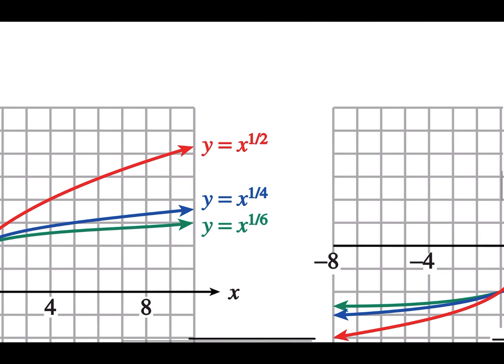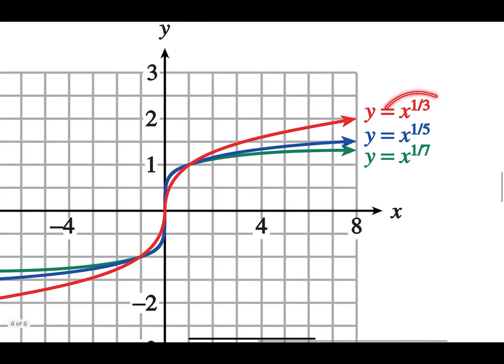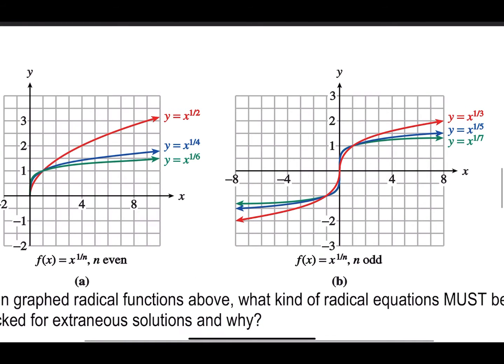Now remember, the 1/2 power is really the square root, and we just don't write the 2. And the 1/4 power is the 4th root. So every single one of these are radical equations. So we're looking at the square root, the 4th root, the 6th root, the cube root, the 5th root, the 7th root. Now, what's the difference between them?